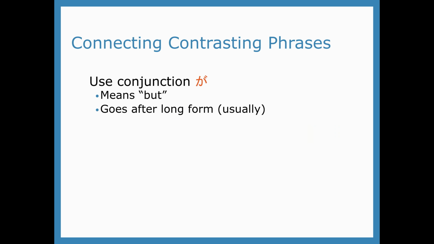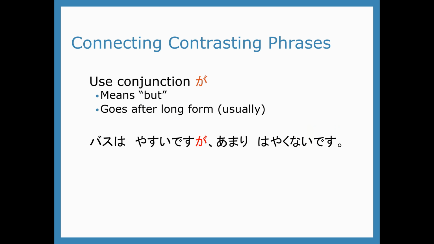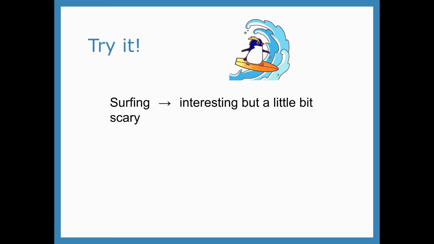Using ga is very simple. We just put it at the end of the sentence we want to attach to the next sentence. So I can say something like this. バスは安いですが、あんまり速くないです。The bus is cheap, but it's not very fast. Let's try another.